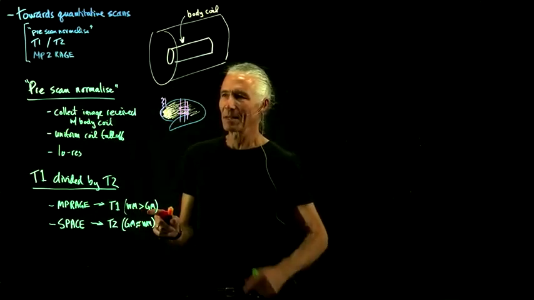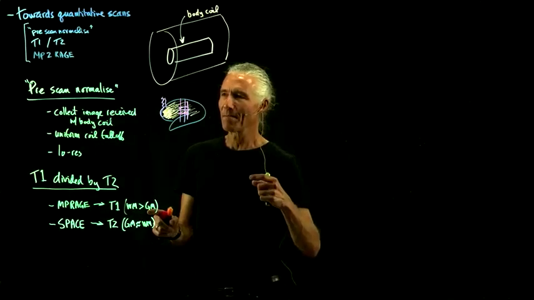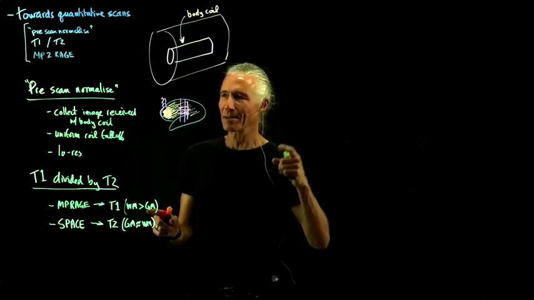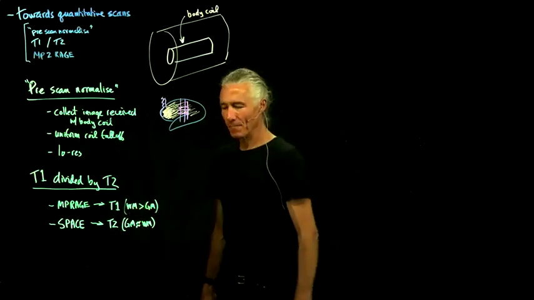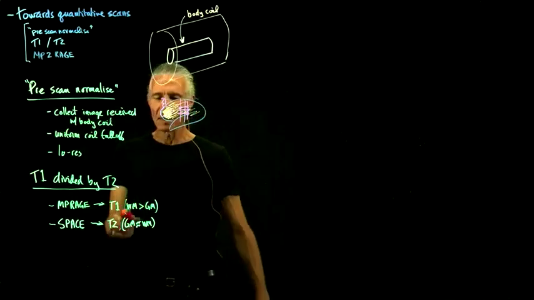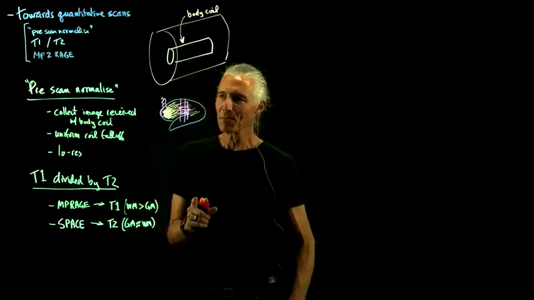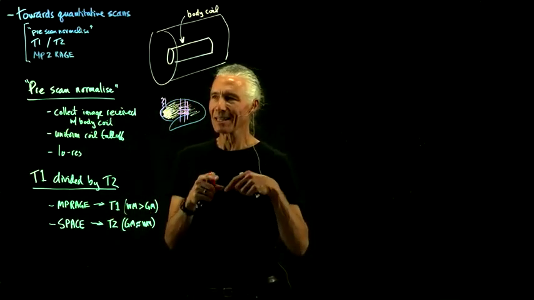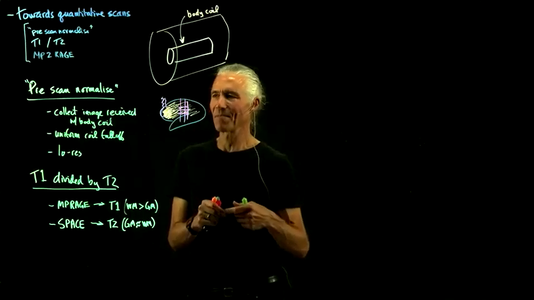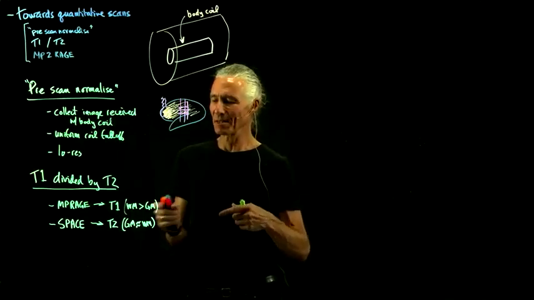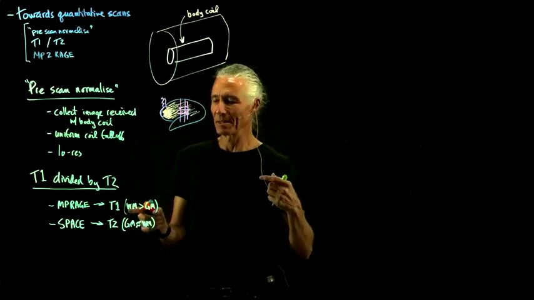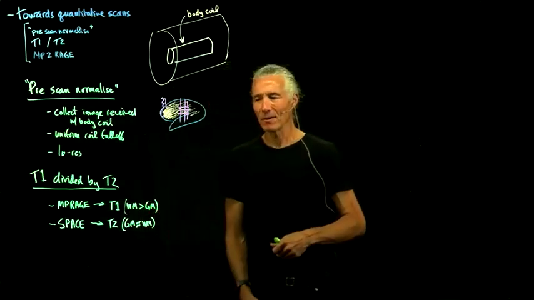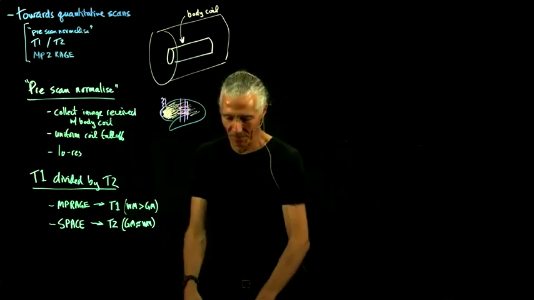So if you did it in terms of T1, gray matter has a higher T1, but it's dimmer because white matter had faster recovery, and so you got more signal. So a T1 weighted image is actually an inversely T1 weighted image. If you actually looked at the numbers, the gray matter number for T1 should be higher than the white matter number for T1.